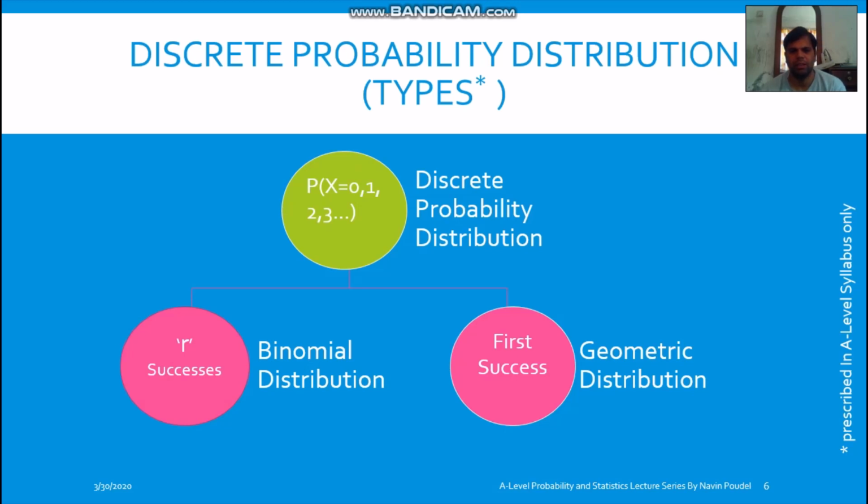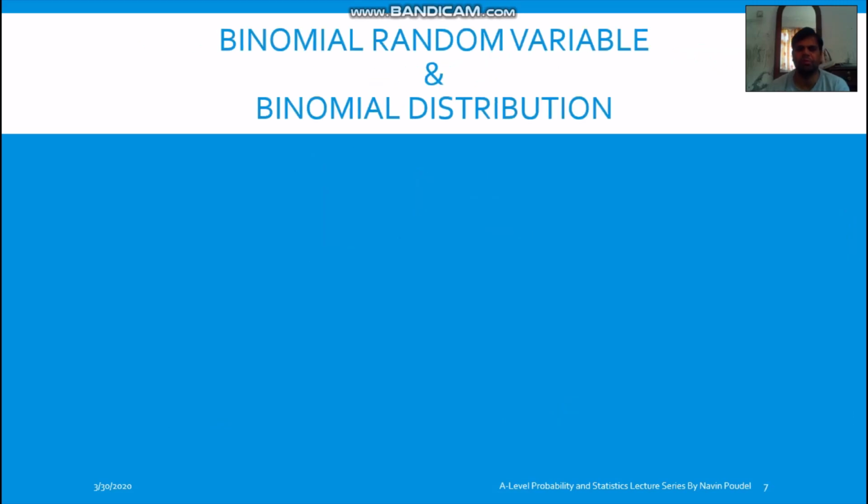The binomial distribution is related to r successes. We are finding the probability of an event having r successes, but the geometric distribution is related to searching for the probability of the first success. We are talking about these two probability distributions in this course.